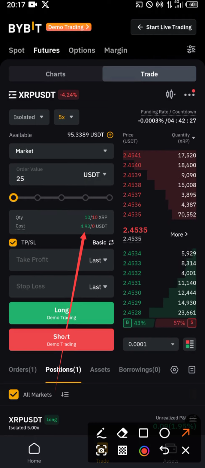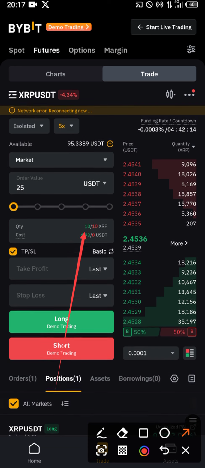Now when you lose all this 4.92, that means you have been liquidated. It happens when the market moves too far against you and your margin can't cover the loss.